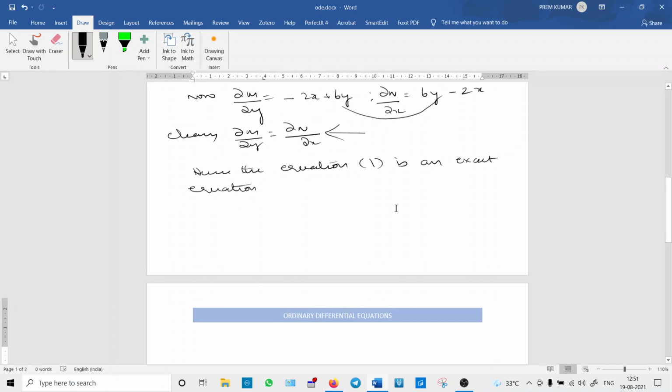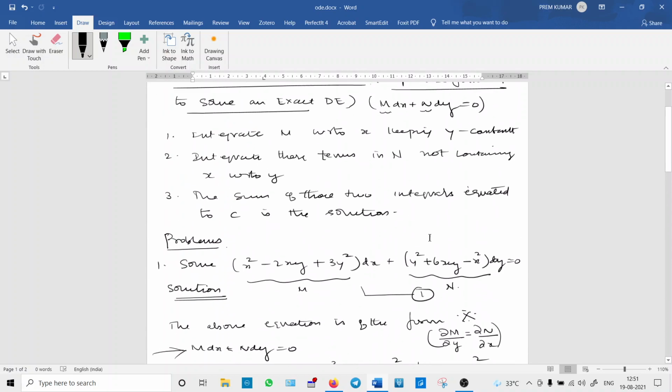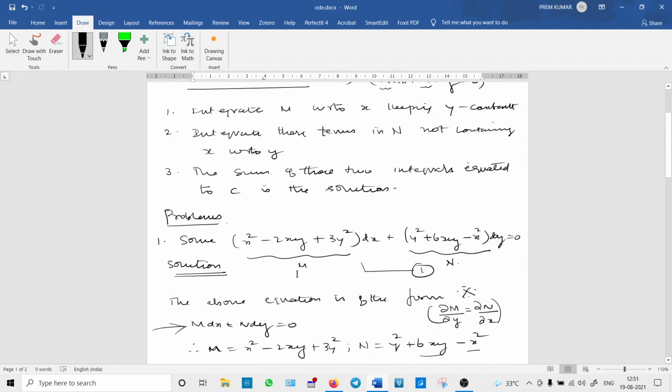So what is the step we have to follow to solve? Now we have to solve the differential equation. Solve means here we have to find y, which is a function of x. This is a first order differential equation written in differential form, and it is exact now.